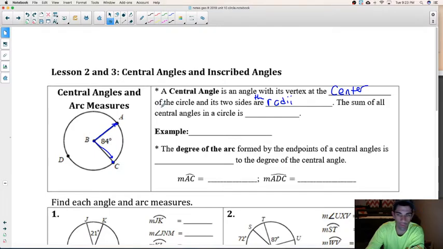That's a radius, and then two radii is there. The sum of all central angles in a circle, going all the way around, is going to be 360 degrees. So here's an example.